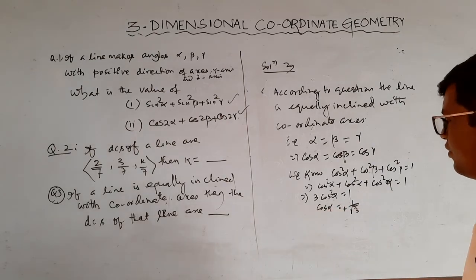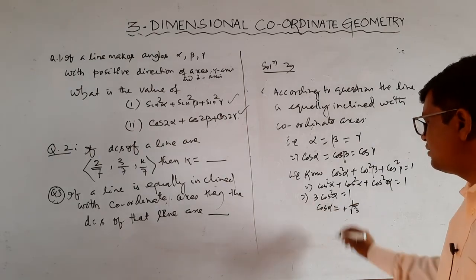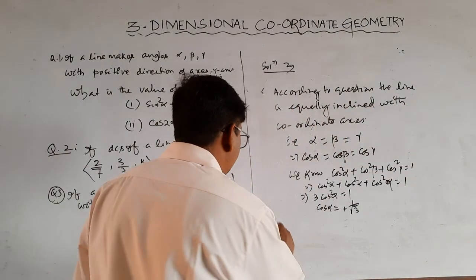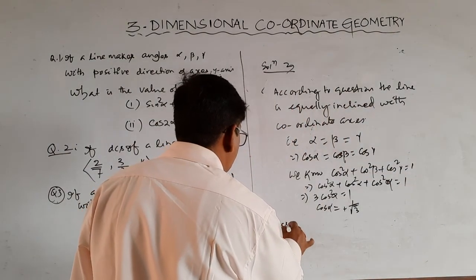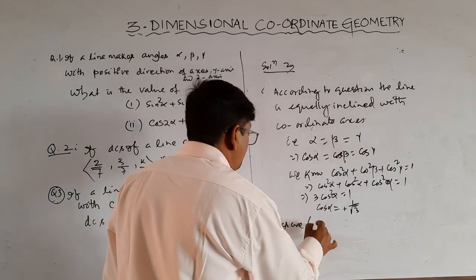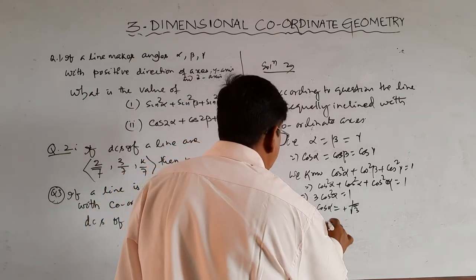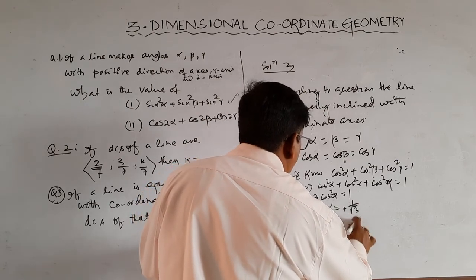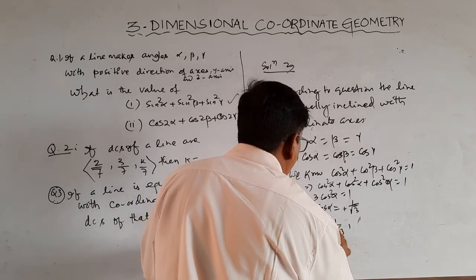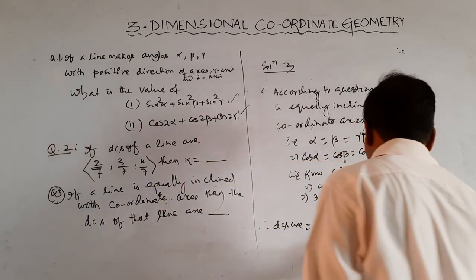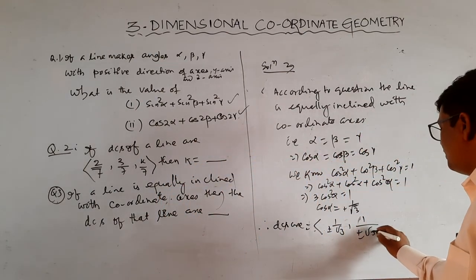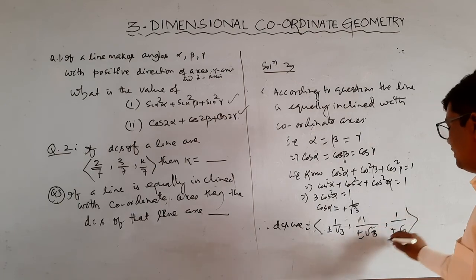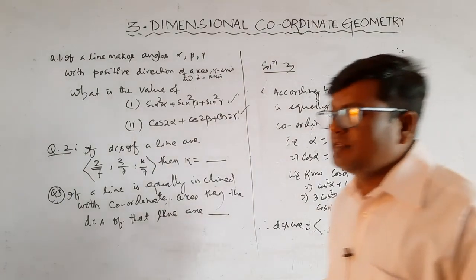So the DCs are plus or minus 1 by root 3, plus or minus 1 by root 3, and plus or minus 1 by root 3. This is the solution of this question.